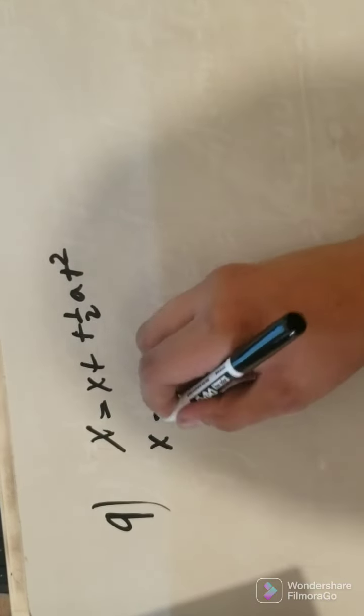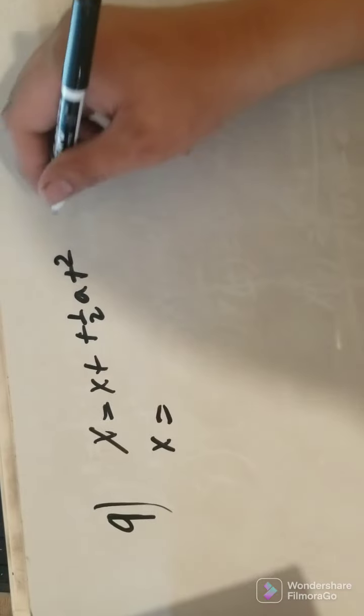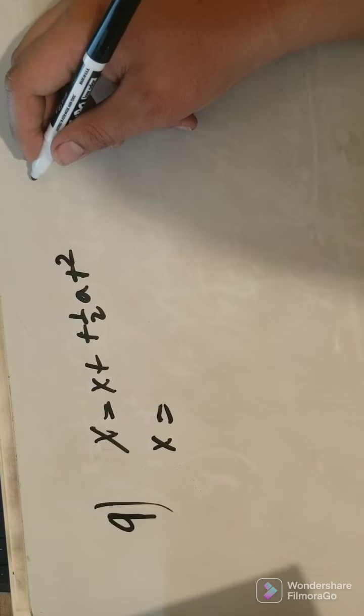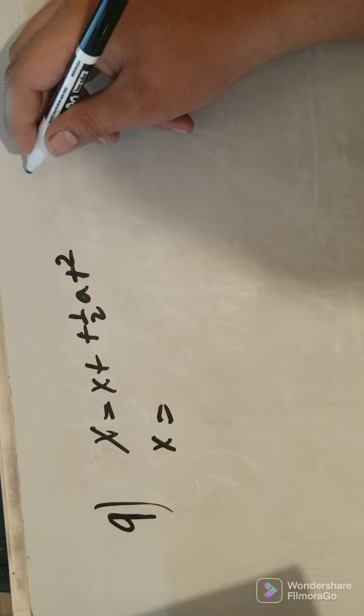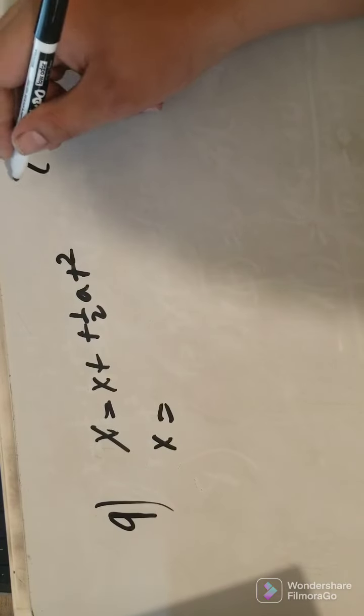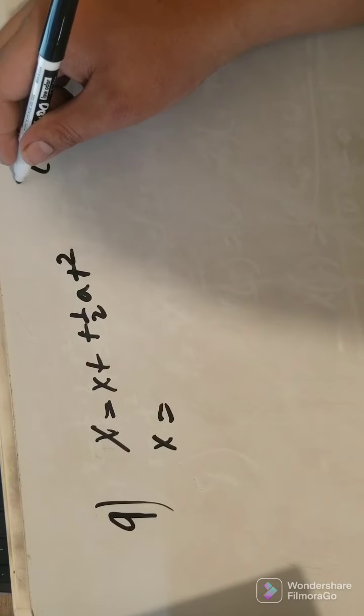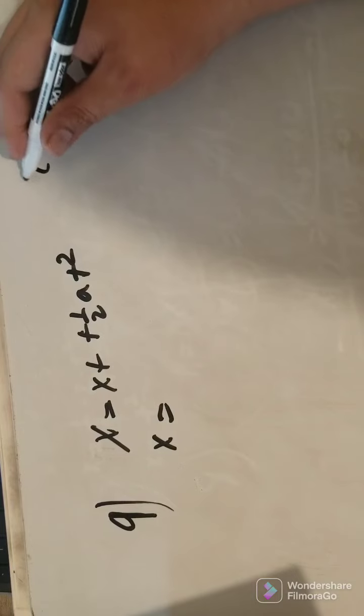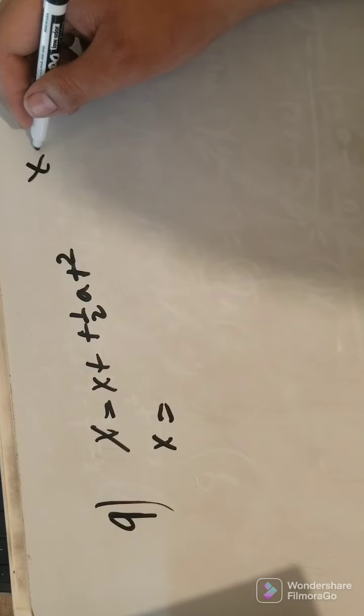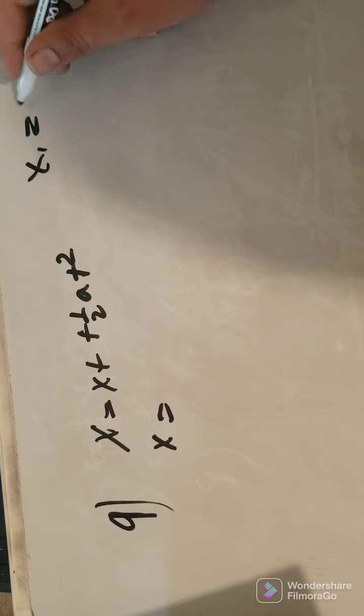Since we know our knowns, the car, which we'll say x1, is going to be equal to 0 as it starts from rest.